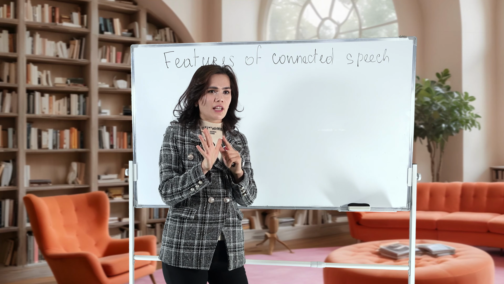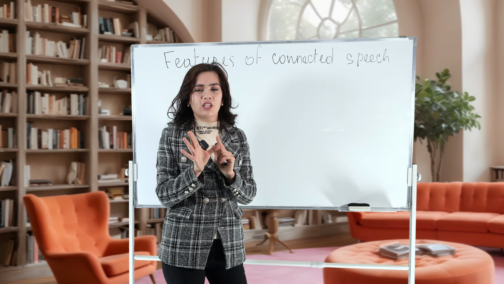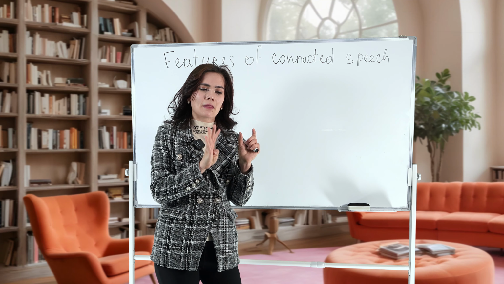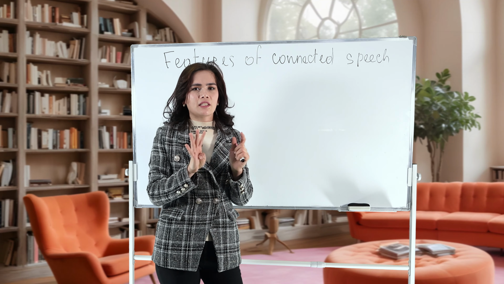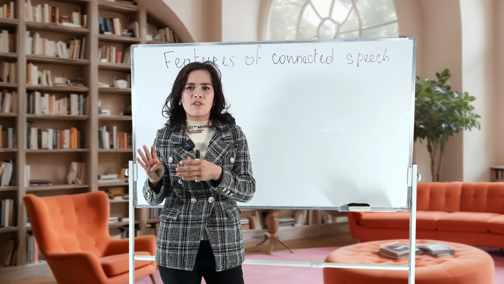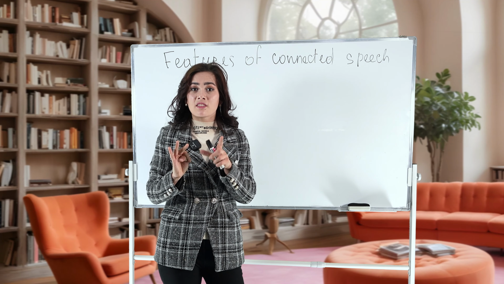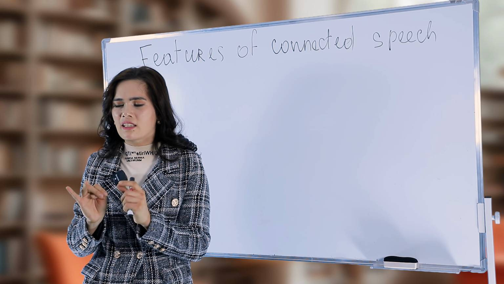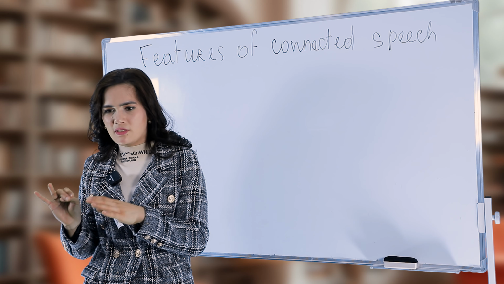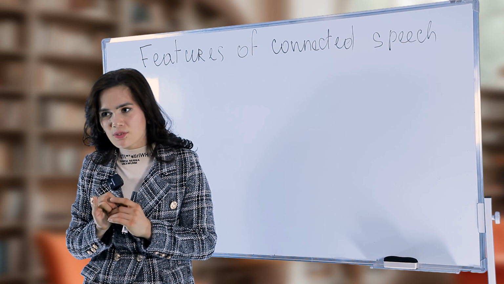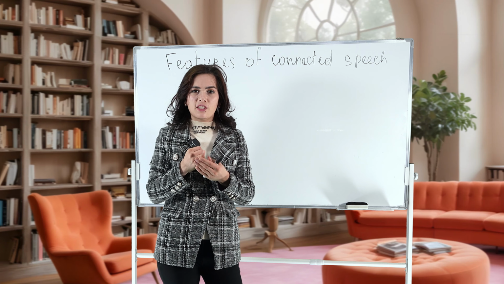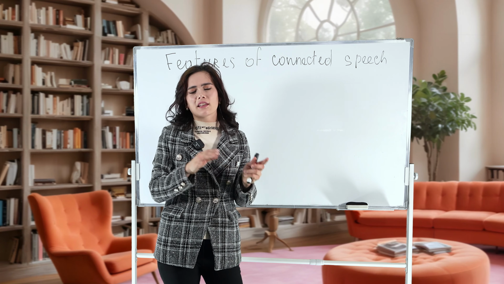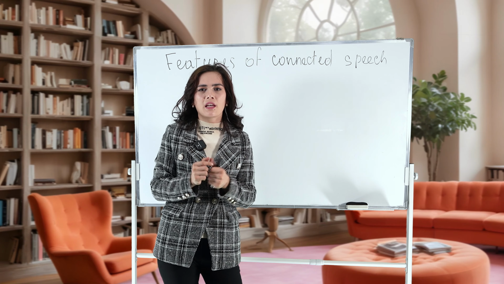Assimilation is the situation of changing sounds, and linking R means that the unpronounced R is pronounced because of the vowel sound of the upcoming word, that is, the initial sound. Elision is omitting sounds, intrusion is adding sounds in your speech, and juncture is differentiating similarly pronounced words with the help of a pause.